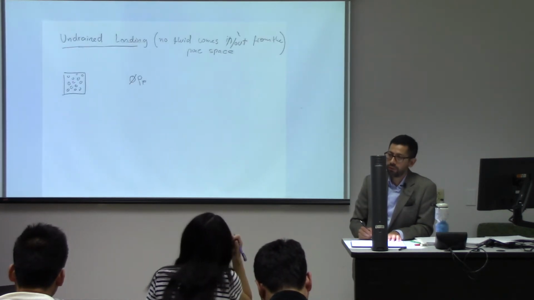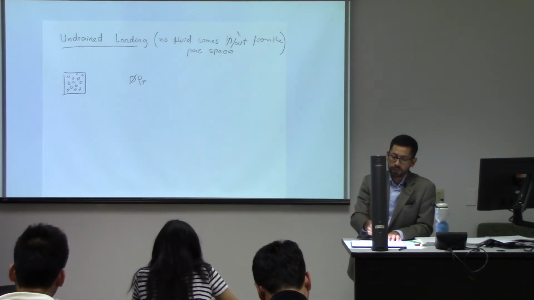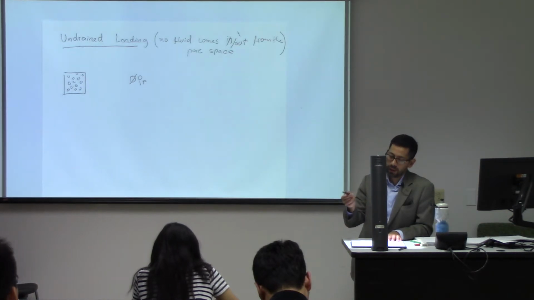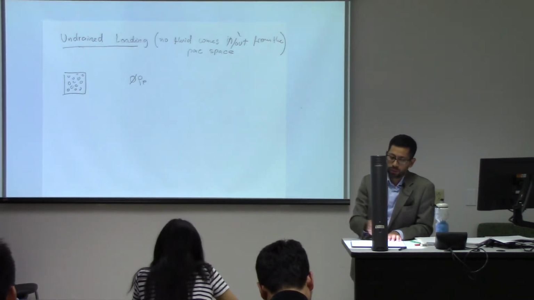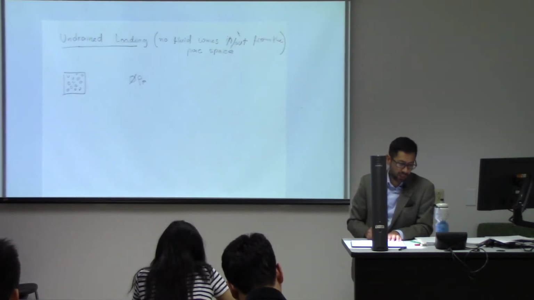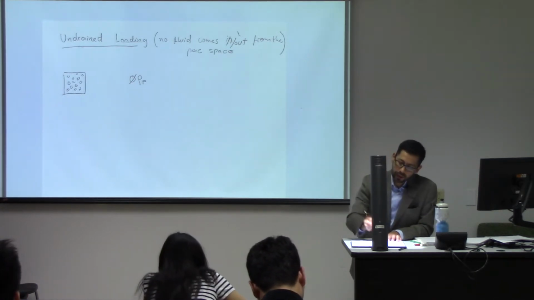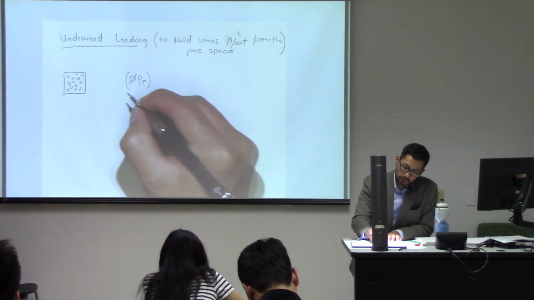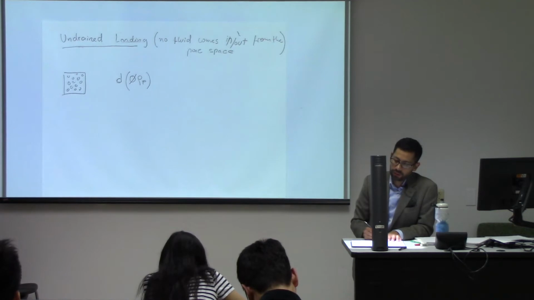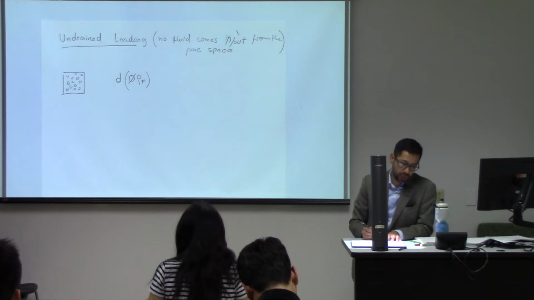But this is per unit volume. So if it's per unit volume, then we just need porosity. So porosity per volume divided by total volume. So per unit of total volume, this is going to be the amount of fluid that we have in a porous medium. So what we like to do here is to analyze what can be the variations of that amount of mass of fluid within a porous medium.